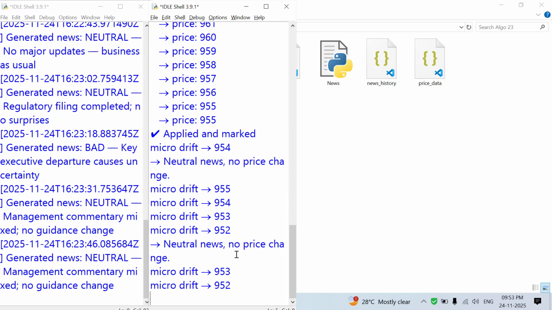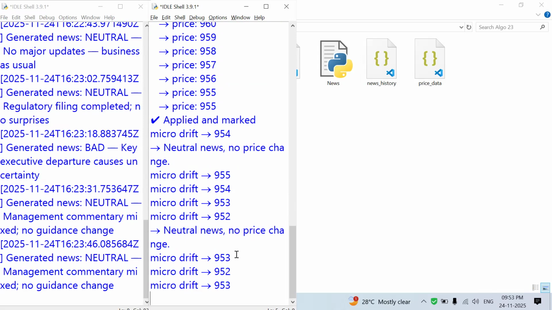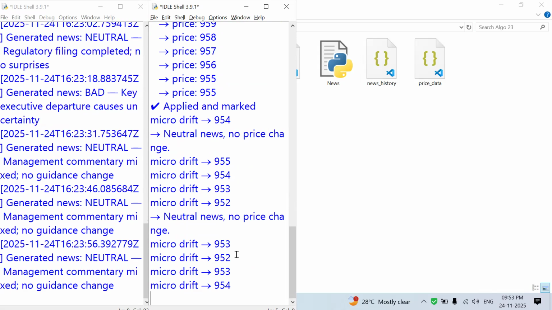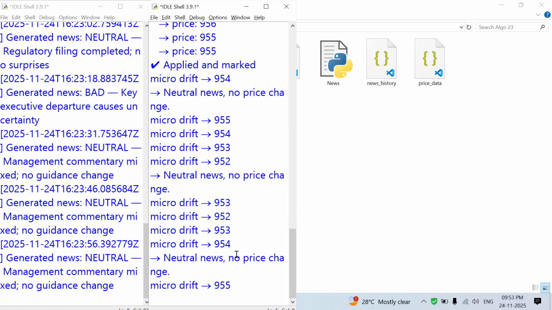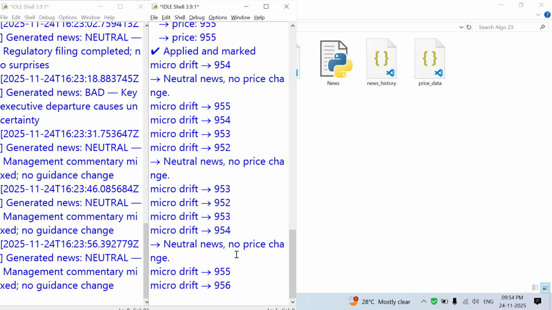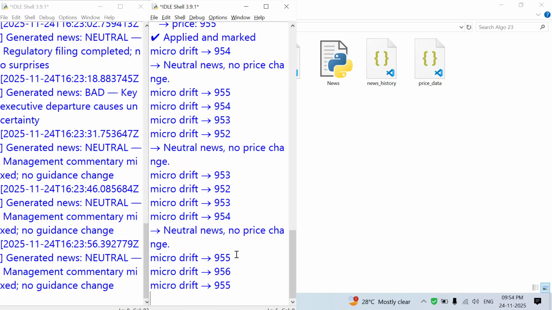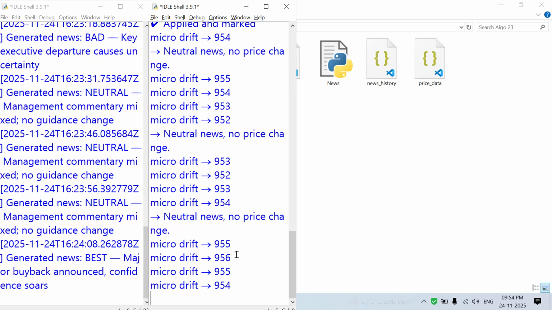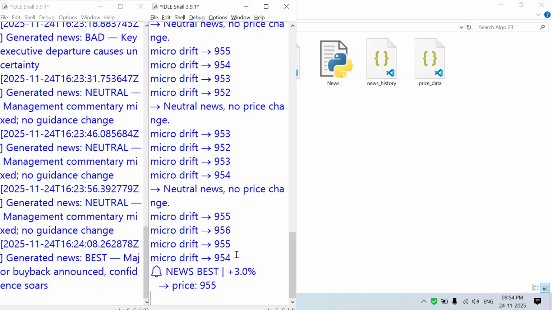Again, the neutral news. Because we keep the window like this, more neutral news should come and less worst and best news should come, so that the market normally behaves like this. But the volatility completely depends on it. Best news has come, the market is going to go up 3%.